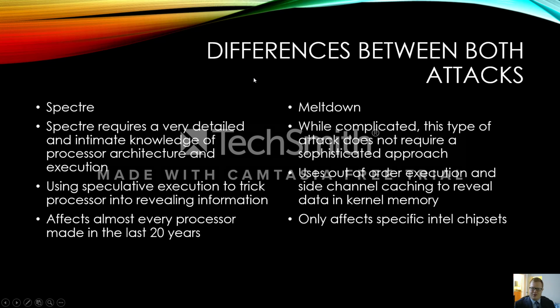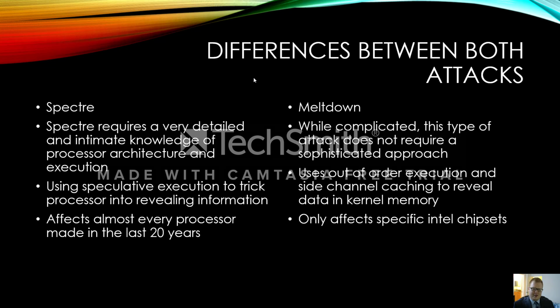So here we're just listing the differences between both attacks. As I said before, the Spectre attack requires a very detailed and intimate knowledge of processor architecture and execution, while the Meltdown attack is complicated but not as sophisticated in its approach, and does not require such intimate knowledge of how the processor functions work. Speculative execution is used to trick the processor into revealing information in the Spectre attack, whereas the Meltdown attack uses out-of-order execution and side-channel caching to reveal data in the kernel.